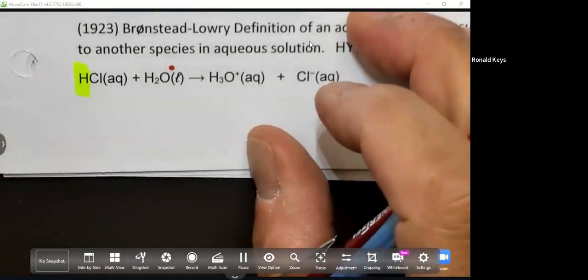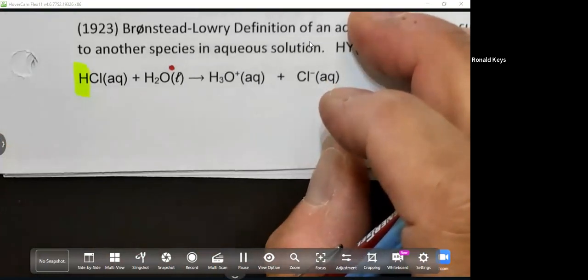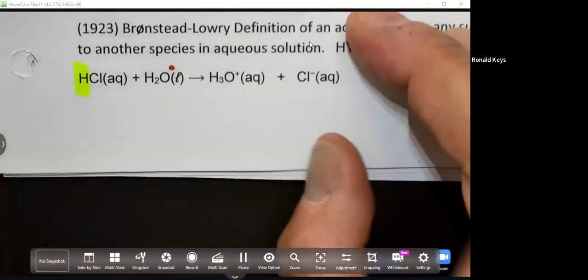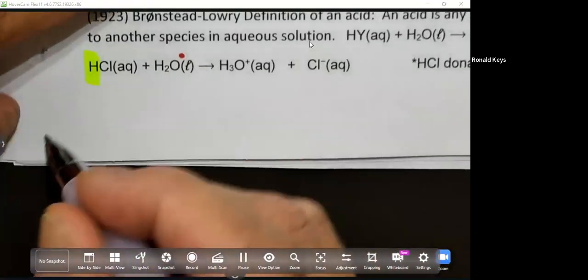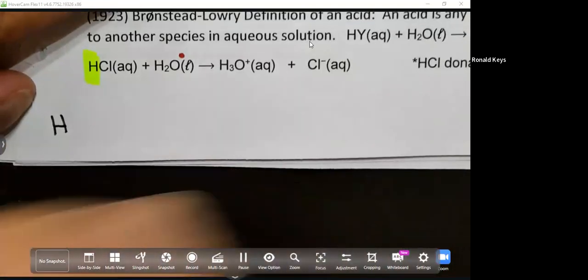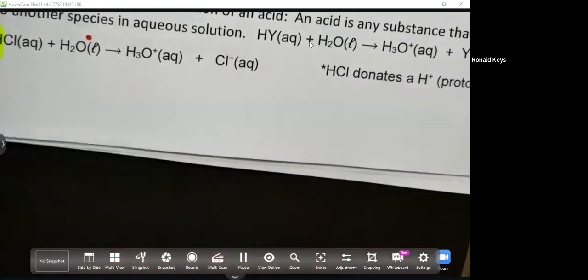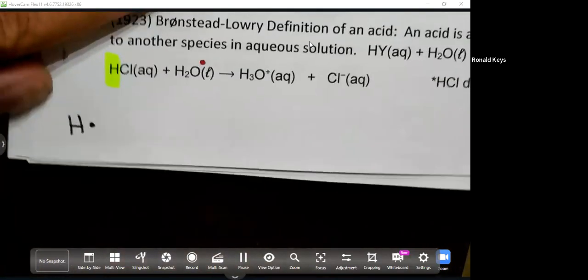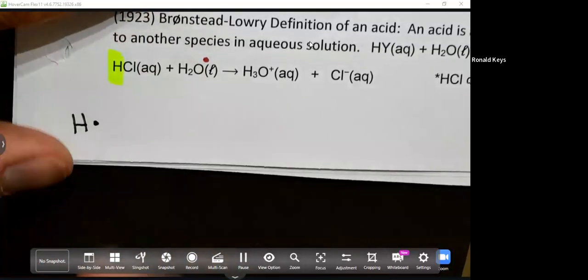So I am going to expand that definition a little bit, and I'm going to do that right here. Let's look at this real quick. We have hydrogen. How many electrons does hydrogen have? 1 electron, correct? I'm going to put it as a dot. We're going to do this later on. Now, here's chlorine, Cl.